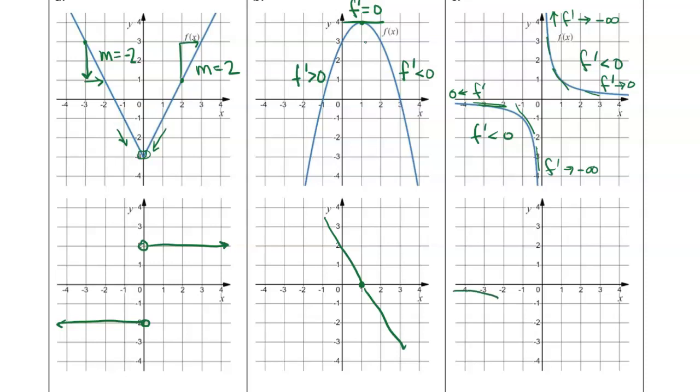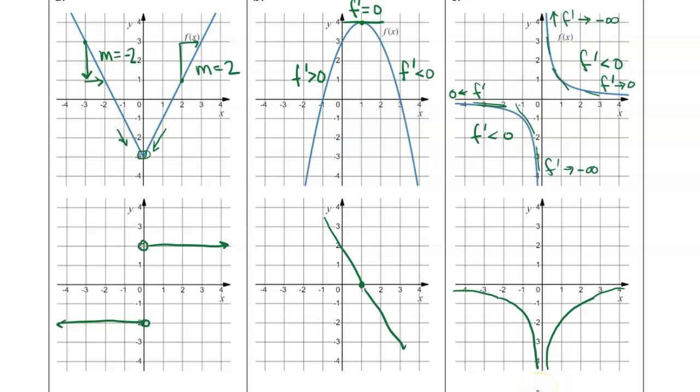So I have something that's going to look like that, something that's going to look like that, and then as x approaches 0, it looks like there's an asymptote at x equals 0, because it's always negative, but it's getting larger and larger in the negative direction as x approaches 0 on either side. So it looks like something like that.